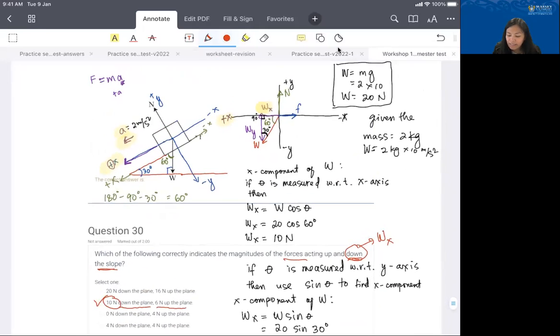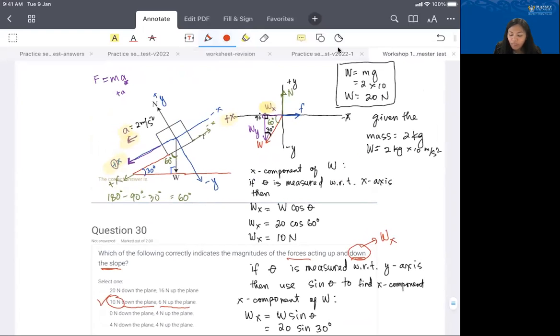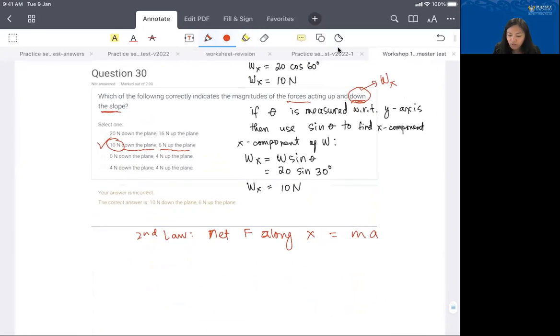So along your x-axis, you have two forces, the x component of the weight force and the frictional force. The x component of the weight force is along the plus x direction and the frictional force is along the minus x. So you have the x component of the weight force minus the frictional force. That's the left-hand side of Newton's second law of motion. The right-hand side is mass times acceleration.